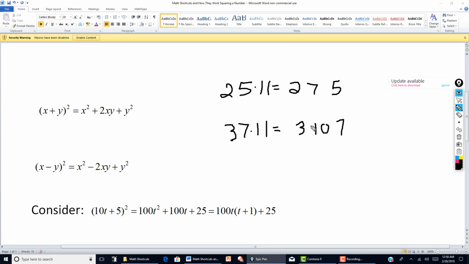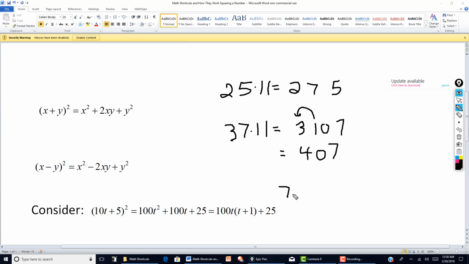But the answer is going to be 407, because you have to carry this over to this side. So carry over the 1, and that becomes 4, 0, 7. Okay, so you can figure this formula out. The reason it works is by just doing it the long way, and you figure out why it comes out like that. So I don't need a special formula to show this.